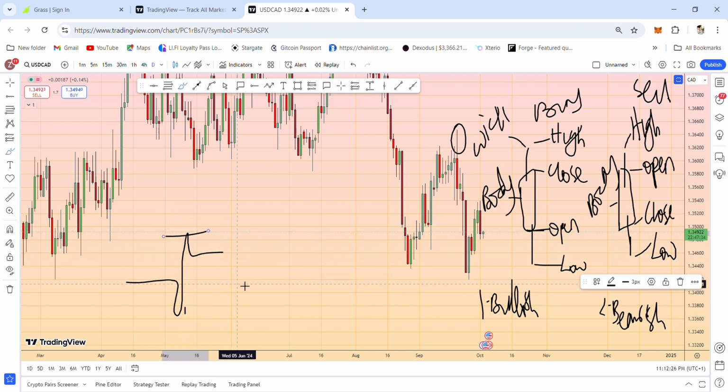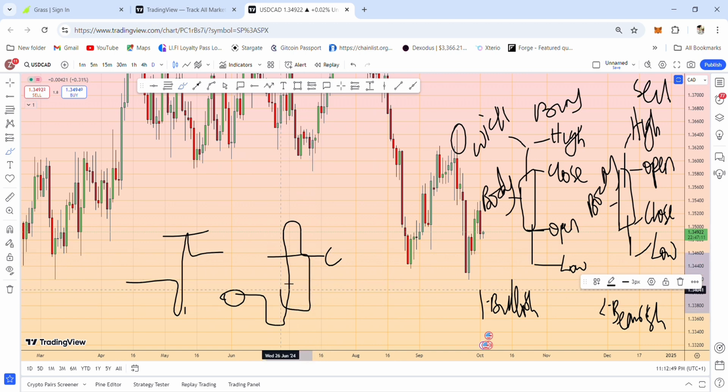That's why you see that when it opens, it goes low. After going low, it goes high, then it finally closes. So from the close to the open is the body. That's why we have our body like this. The highs and the lows are the wicks, they are outside the body.